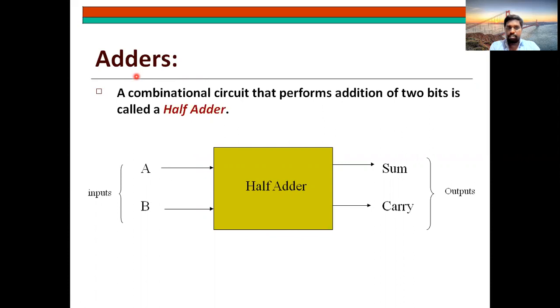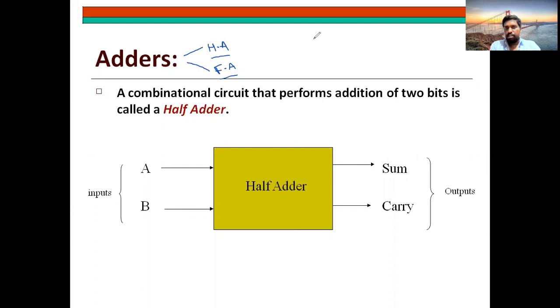This adder is classified into two types. One is half adder, and the second one is full adder. So let us see what is half adder and full adder. First we will see half adder, then we will see full adder.